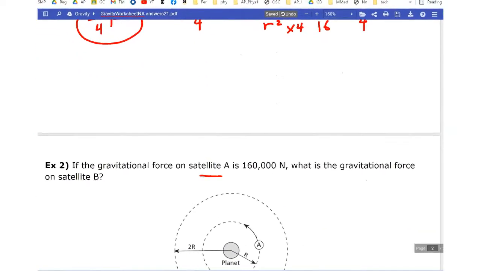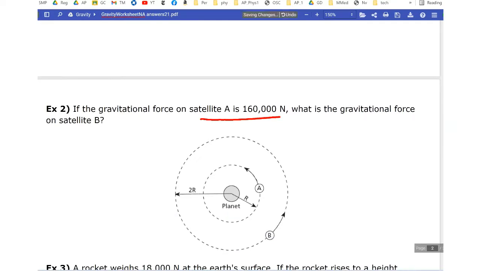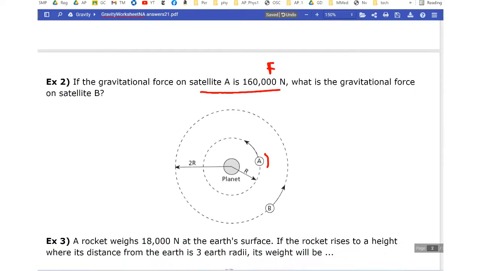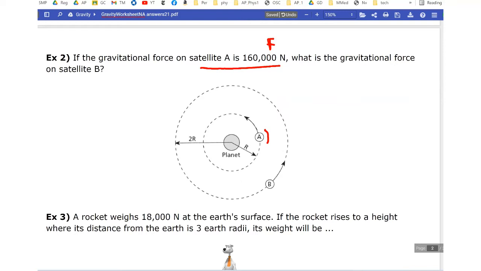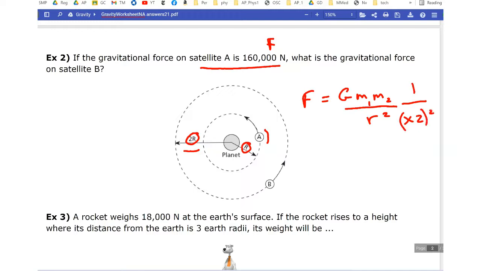You've got a satellite, A, and it's right over here. It's got this force on it, the force of gravity. And what about B, which is at a distance of 2R? You can see it's 2R. So let's take a look at the equation. This is squared. If you're doubling the distance, which this is R, this is 2R, this is 2 squared.